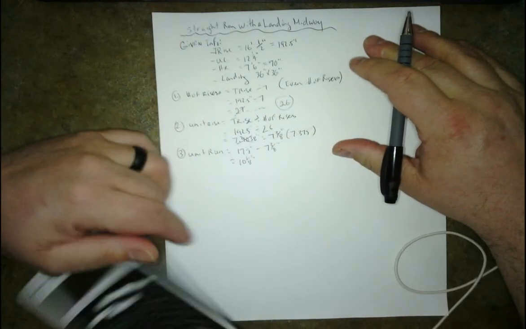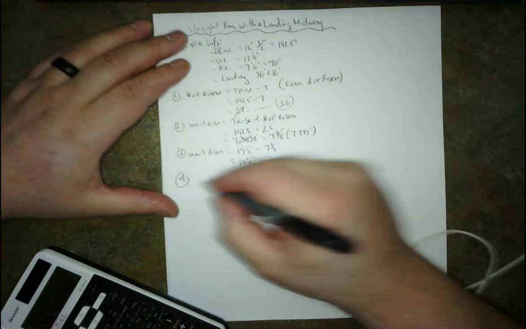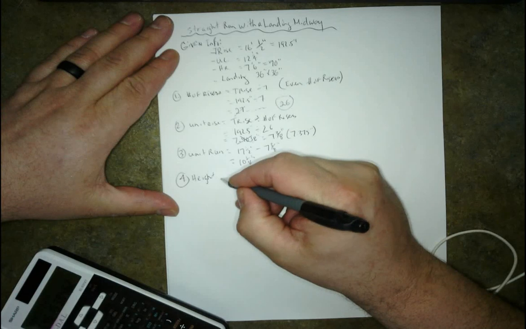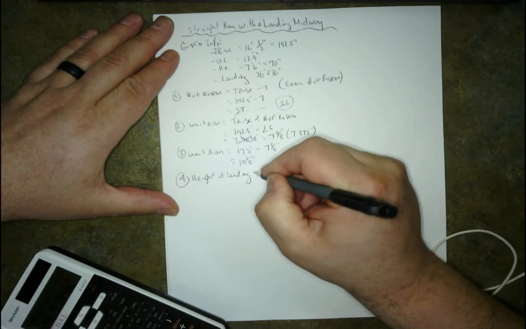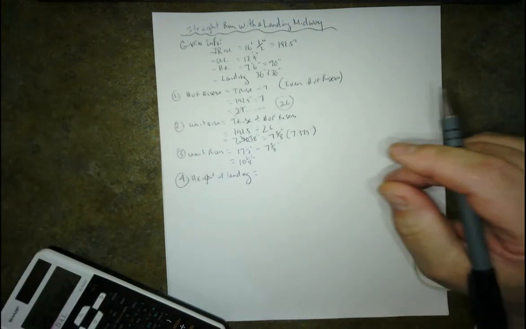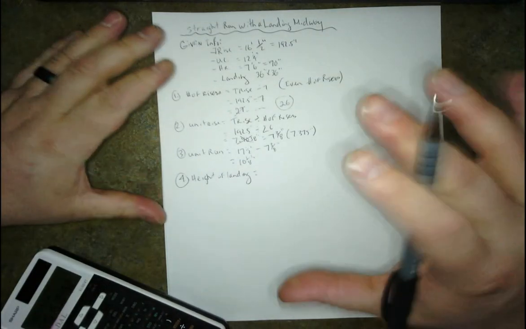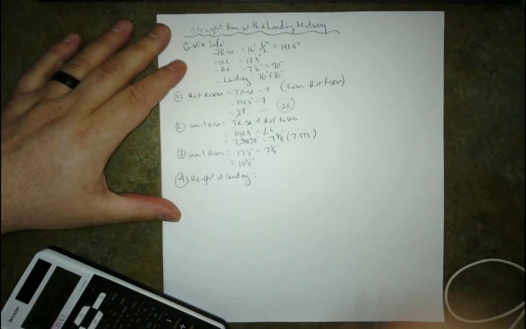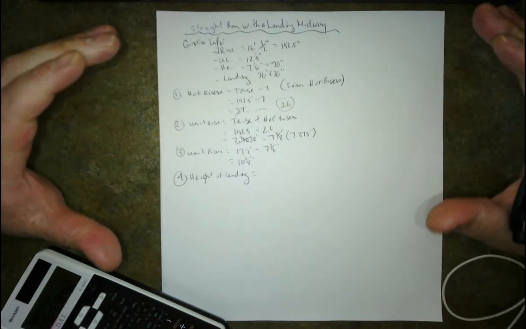Next thing we're going to look for is determining the height of the landing. Height of the landing could be done in a couple different ways. We could take the total rise divided by 2, or we could also take the number of risers below the landing and multiply by the unit rise. It's going to give you slightly different answers, and we can also manipulate the stringer to make that work out.